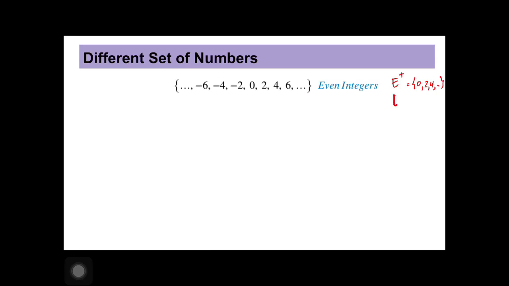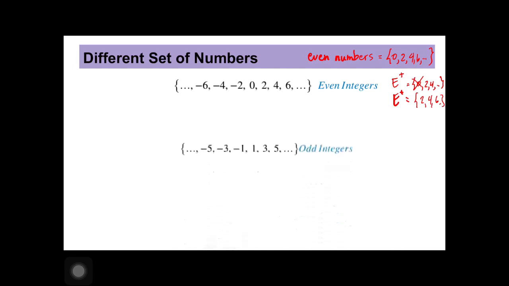Because E positive will start with 2, 4, and 6, and so on. We will not use 0. Why? Because 0 is neither negative nor positive. But in our cases, when we say even numbers, we will start with 0. 2, 4, 6, and so on.